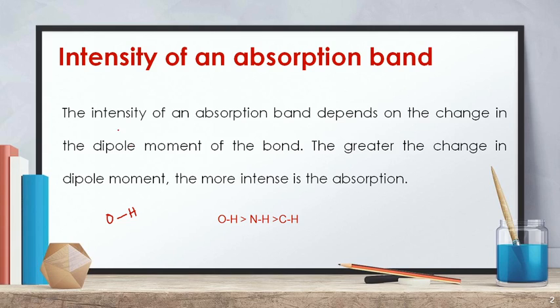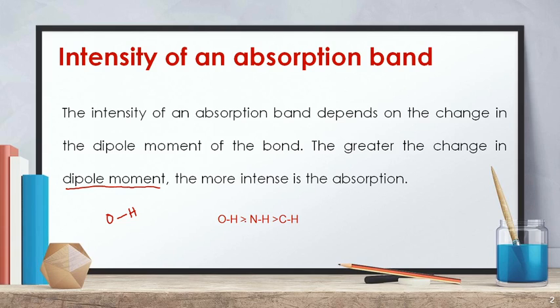So the intensity of an absorption band depends on the change in the dipole moment of the bond. If greater is the change in the dipole moment, more intense is the absorption band. That is the first point.